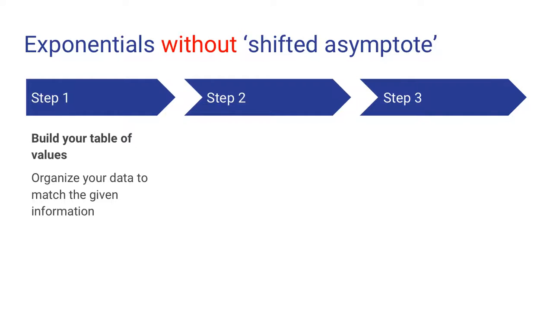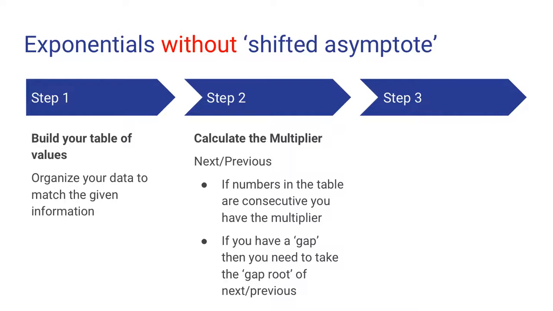So exponentials without shifted asymptotes is what we've been doing, which is where we have been building tables with x and y columns to make that happen. Then the next step is we calculate a multiplier, and we've been doing next divided by previous. And if the numbers are consecutive, we have the multiplier and you're done.